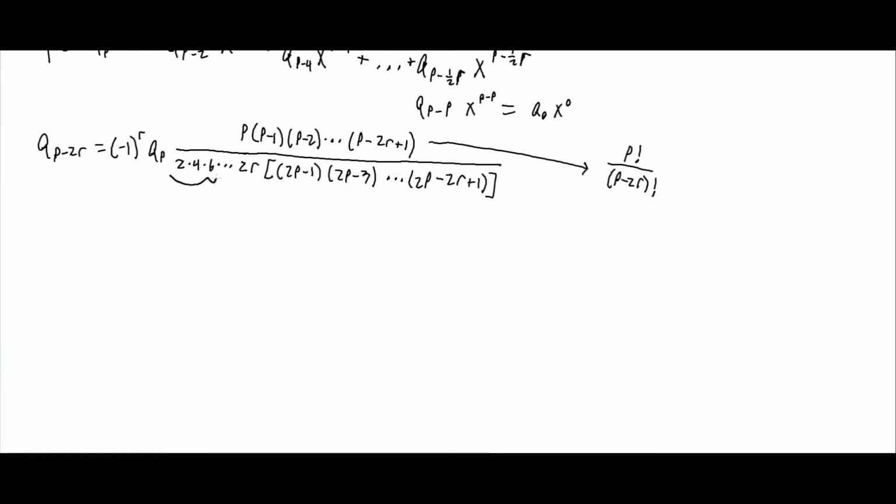This part right here we can get to look like 2 to the r power times r factorial, and this part right here we can get to look like 2p factorial times p minus r factorial over 2 to the r power times 2p minus 2r factorial.